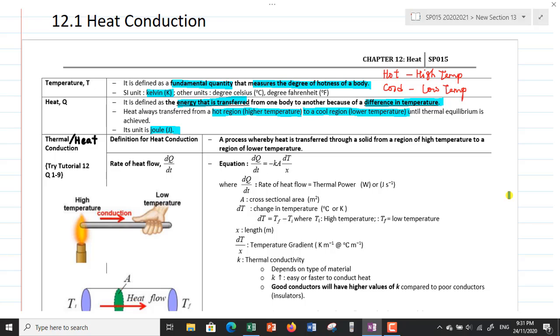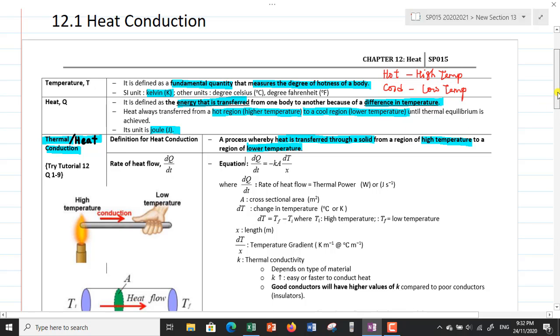One method of how heat is transferred is what we call heat conduction. Thermal conduction or heat conduction is a process where heat is transferred through a solid from a region of high temperature to a region of low temperature.